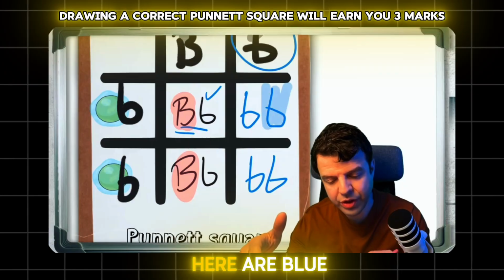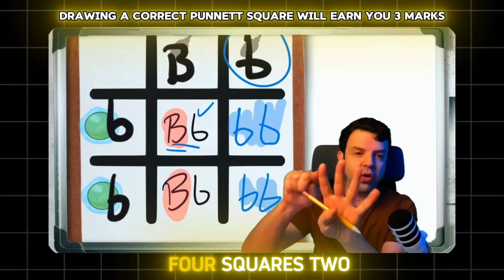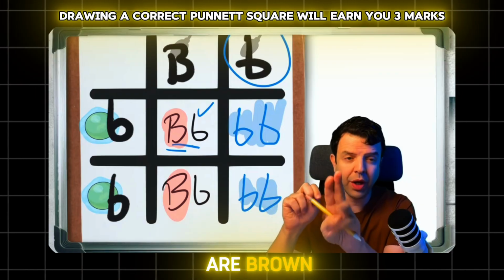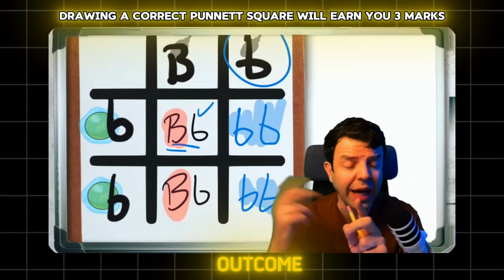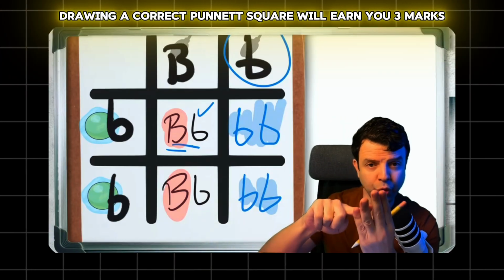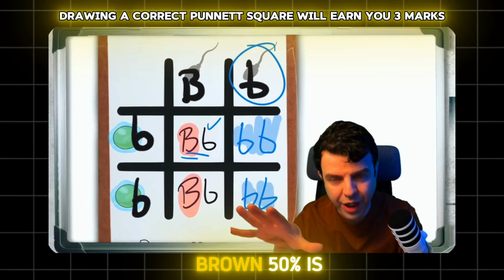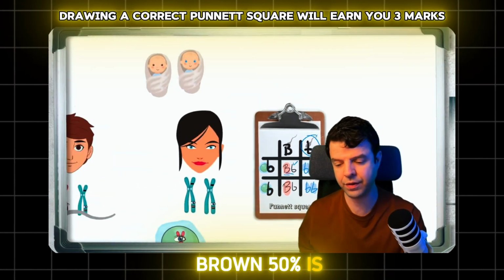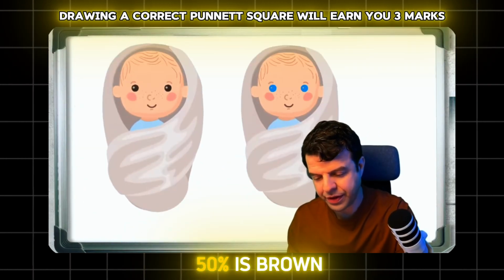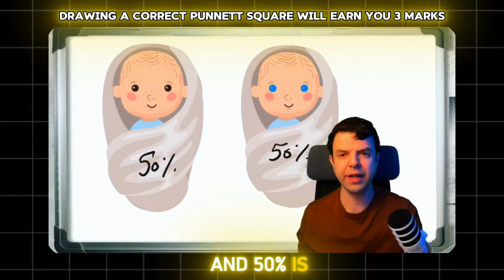And these here are blue because they don't have any dominant allele. 4 squares. 2 are brown, 2 are blue. So what's the outcome? What's the percentage of brown to blue? It's 2 to 2, right? Or 1 to 1, or 50-50. So 50% is brown, and 50% is blue eyes.